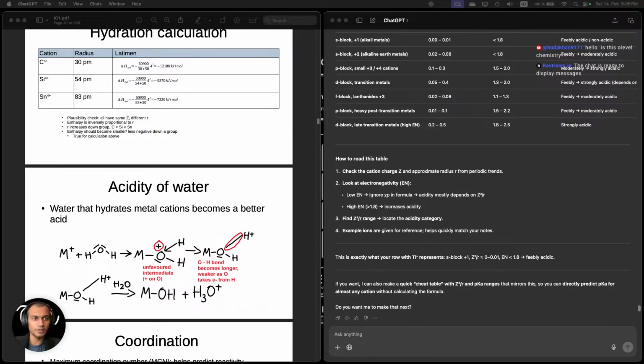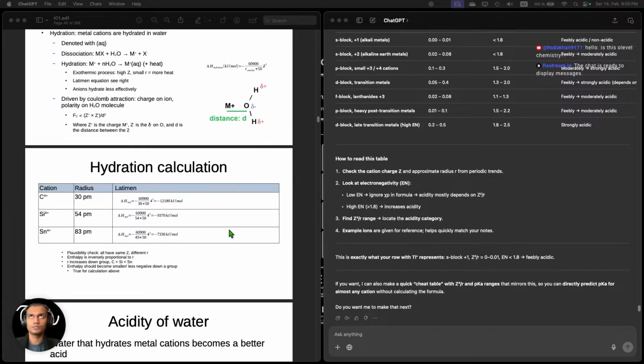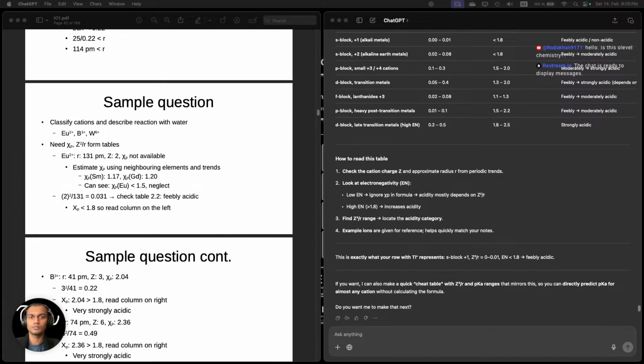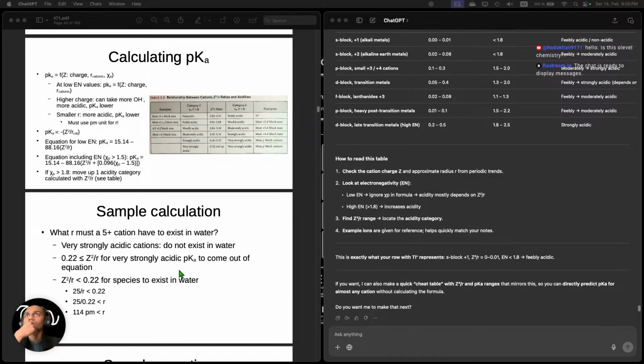Okay, I haven't even started studying. Let me wait. Where is it? Okay, got it. So, sample calculation.